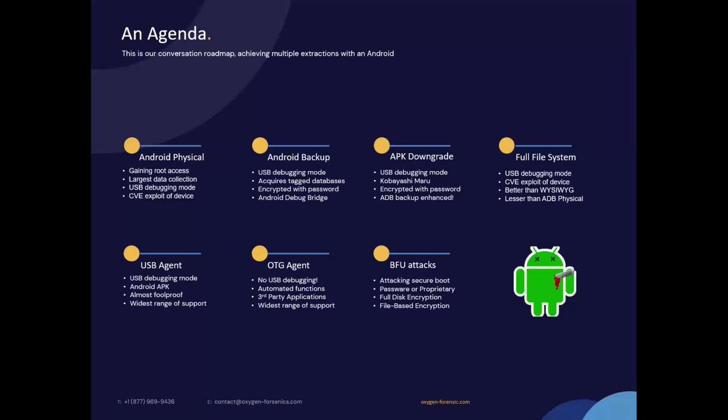But the difference in that is amazing, because when you install it on the phone manually from that on-the-go device, you get a different menu that allows third-party application access, where we are constantly building parsers for popular applications and implanting them into the agent. So the bullet at the bottom of both of those agent sections is widest range of support.